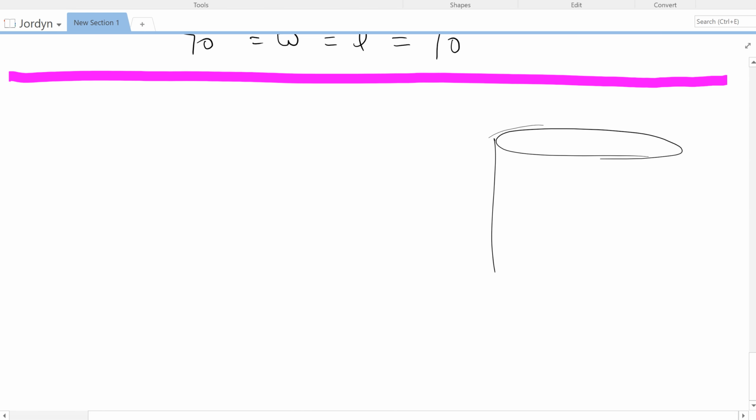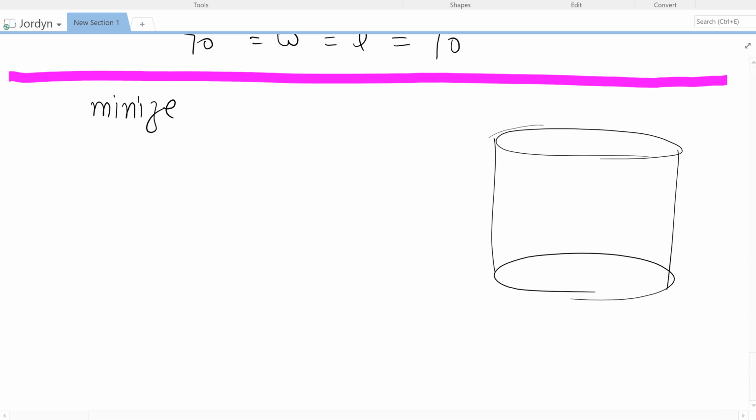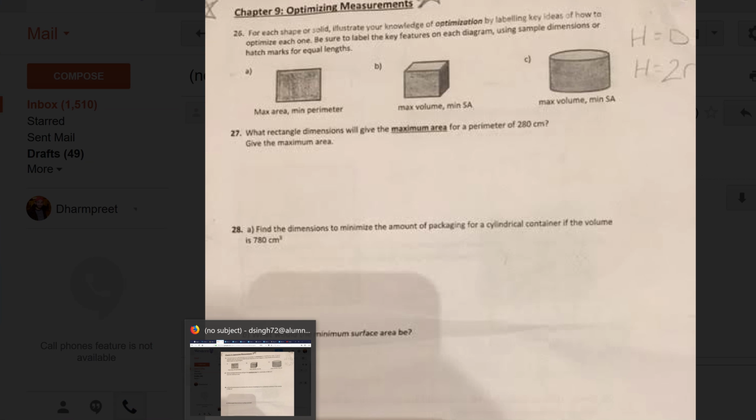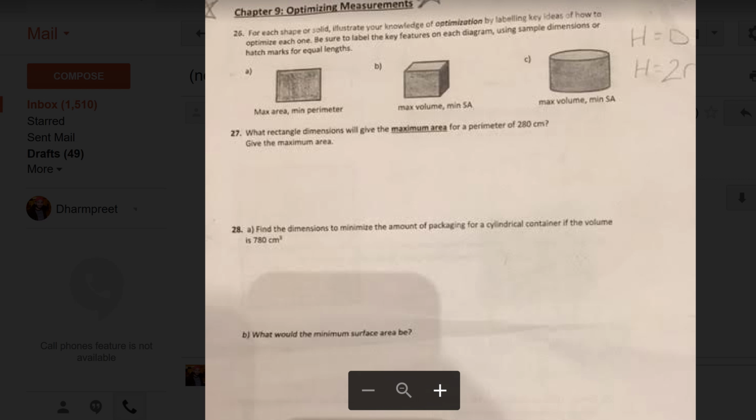Now we know that in any cylinder, in order to minimize the surface area, right? And what is given? The volume is given in this case. The volume is 780 centimeters cubed.